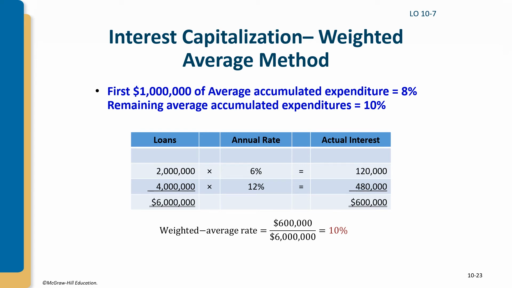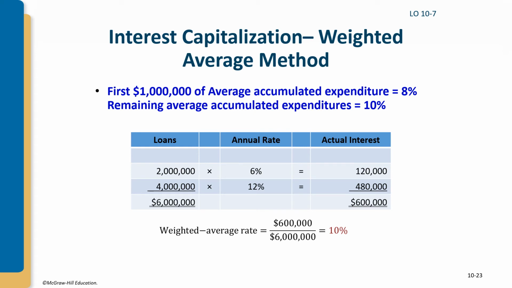So what that means is, if you have a company such as this, we would take the remaining loans. We ignore the construction loan. What other loans does the company have? They have a $2 million loan that they pay 6% interest on, and they have a $4 million loan that pays 12% interest.